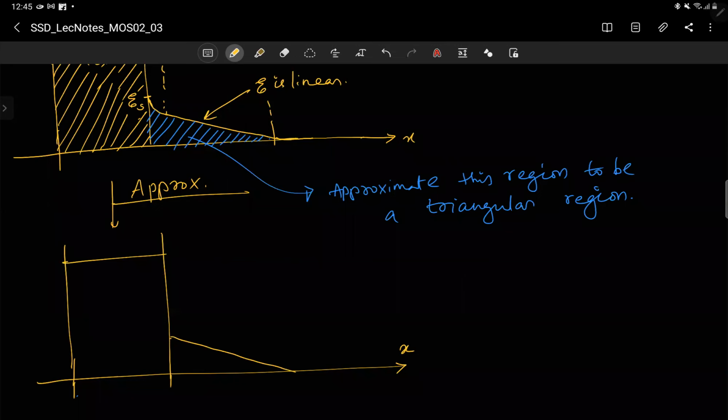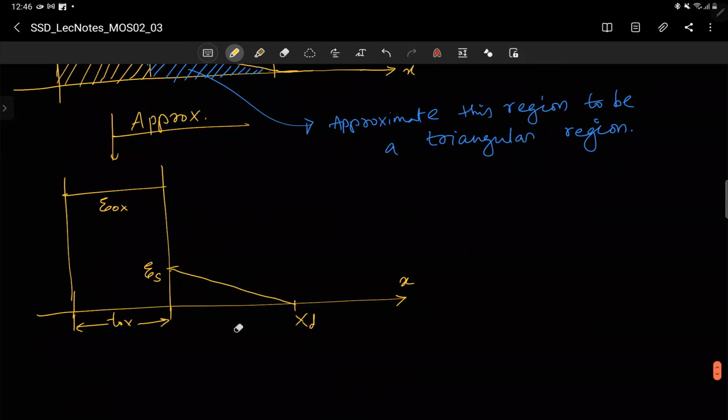Okay, and this is ES, and this is E ox, and this is xd, and this is tox. This distance is xd. You can treat this to be x equal to 0, which means this becomes x equal to xd. This is basically the thickness tox.